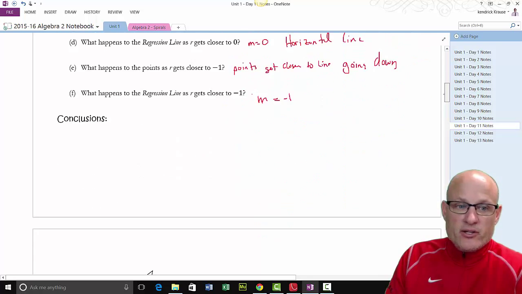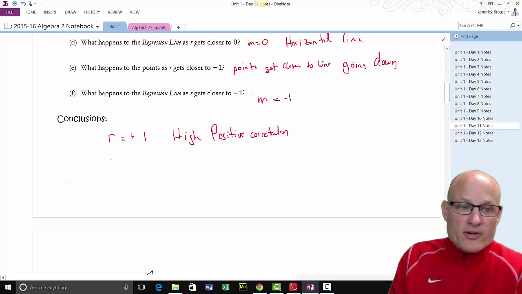So here's what I want you to get out of this. If r is close to +1, high positive correlation. As r gets closer and closer to -1, it's a high negative correlation.